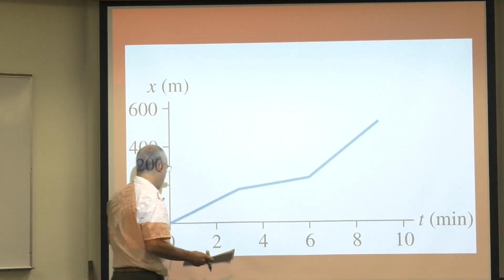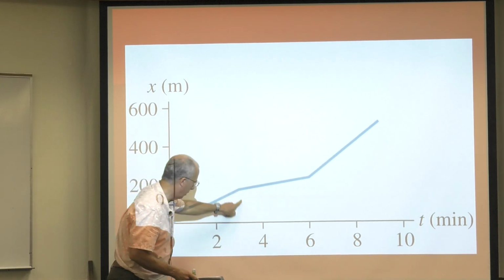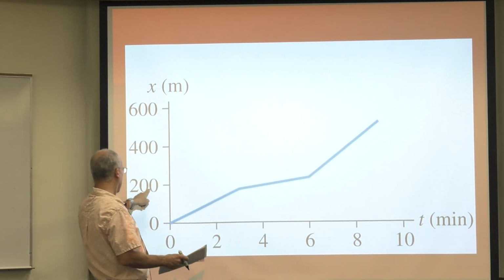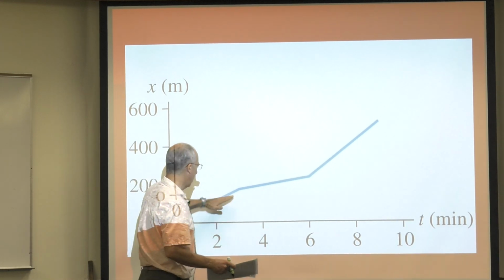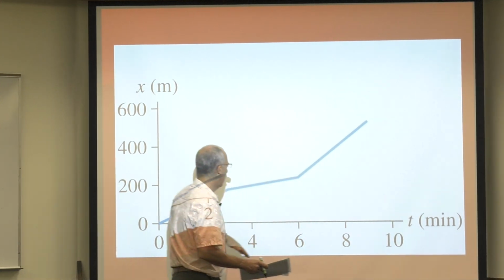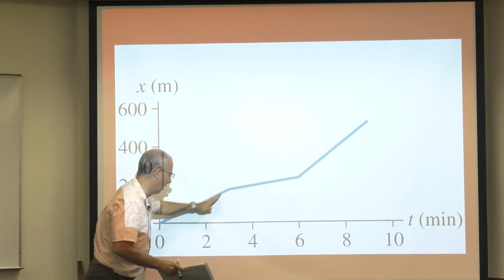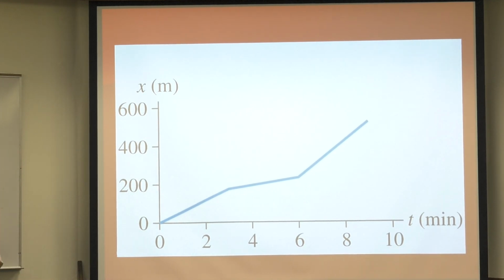We could figure it out if we had a calculator; the speed here would be 200 divided by whatever that is. But this has the largest velocity, so the largest slope. This has the smallest slope, and this is in the middle. That's all there is to it.